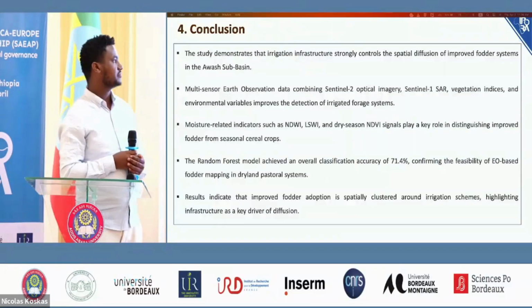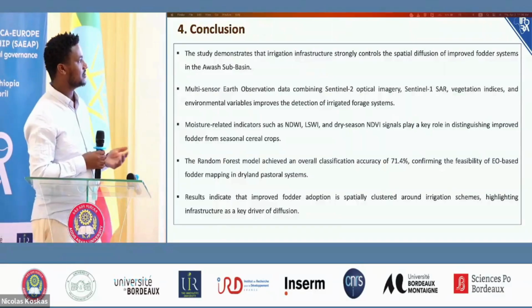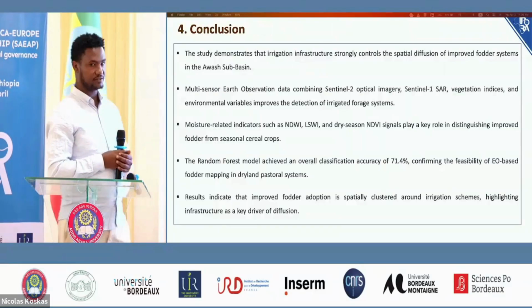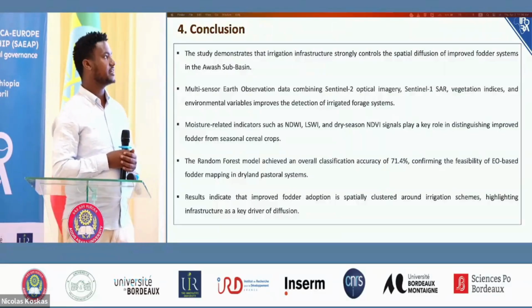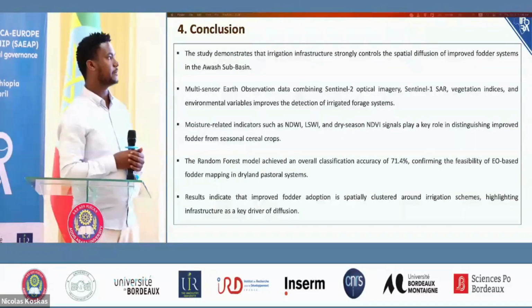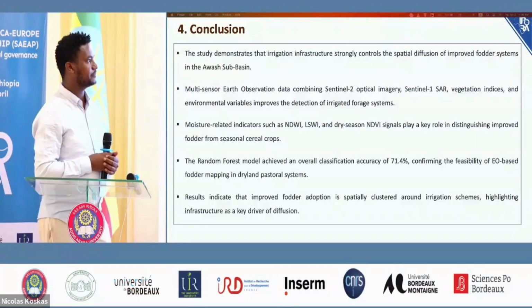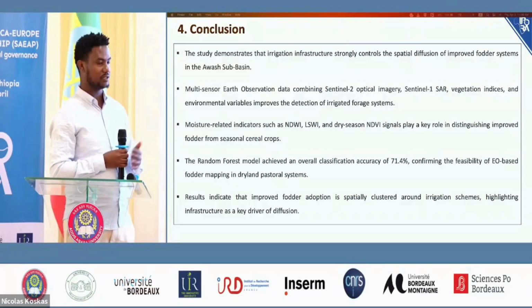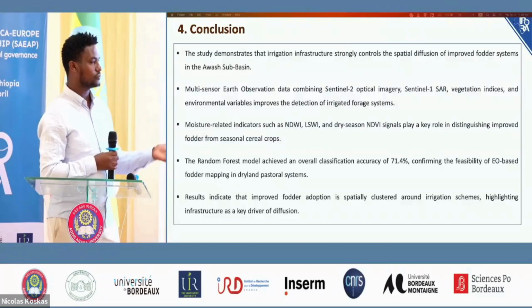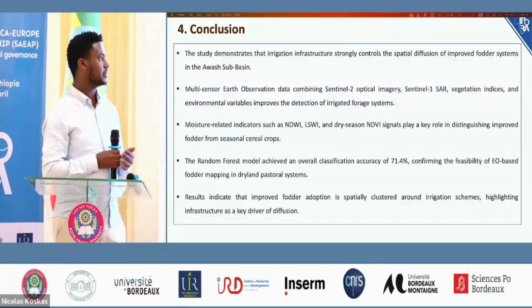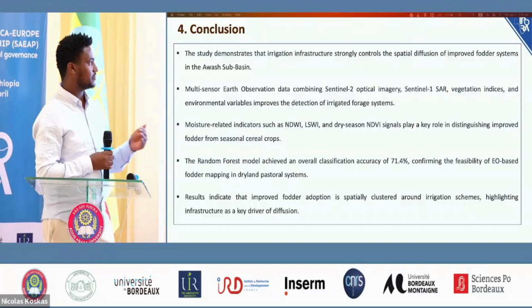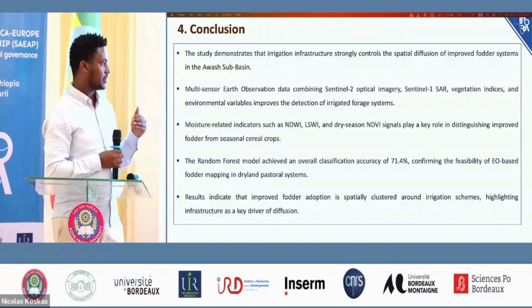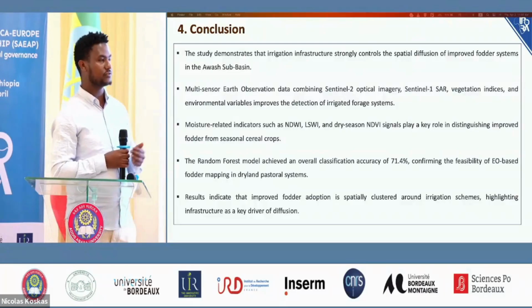The last part is the conclusion. The study demonstrates that irrigation infrastructure strongly controls the spatial diffusion of improved forage or fodder systems in the basin, and the use of multi-sensor satellite imagery from different instruments and different times helps us identify fodder from other land uses.